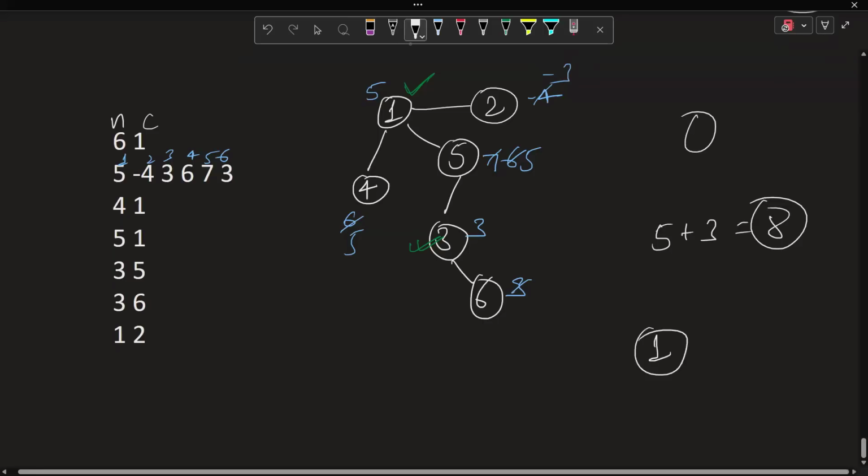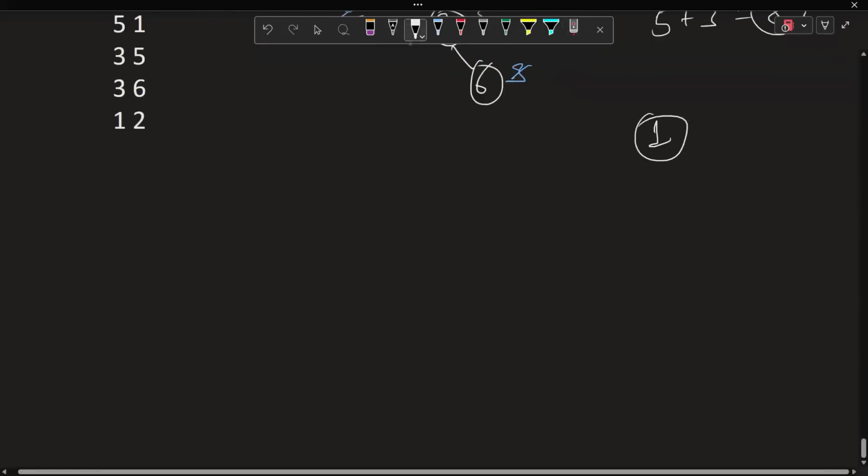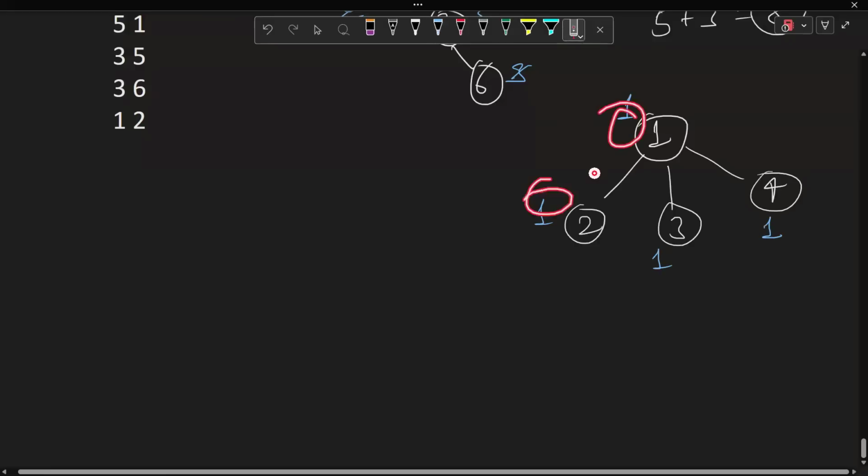Let's suppose I'm giving you an example. You have something like this. This is 1, this is 2, this is 3, this is 4. Let's suppose you have 1 gold here, and you have one gold in all of them. So all of them are positive. So you would think you strengthen all of those positive values. But what would happen if you strengthen all of them?